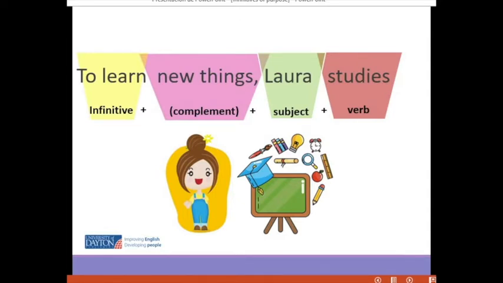You can begin with the action, Laura studies, or you can begin, like in this example, with the infinitive, with the reason why Laura is studying. Remember the infinitive? We use this type of infinitive to explain why we are doing something, the reason, our motivation.